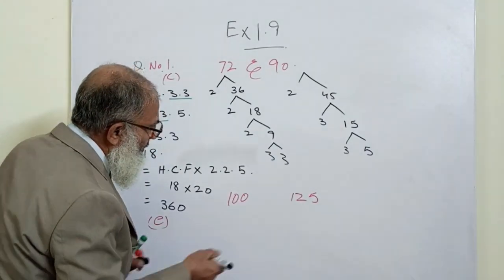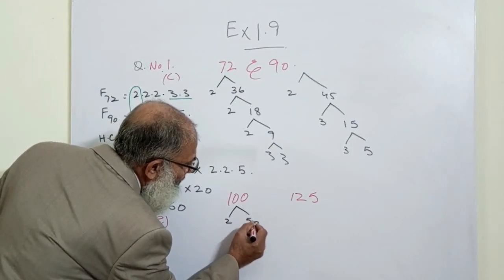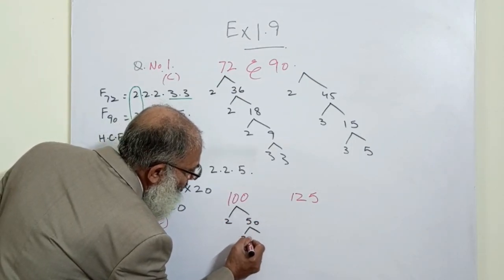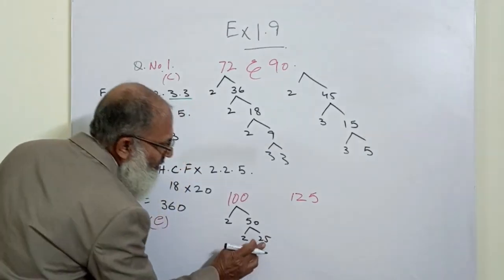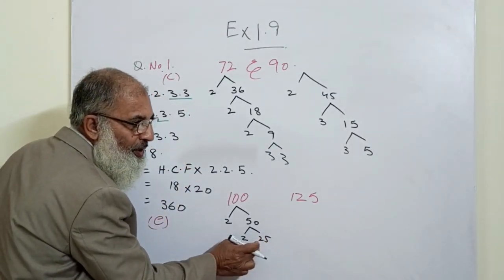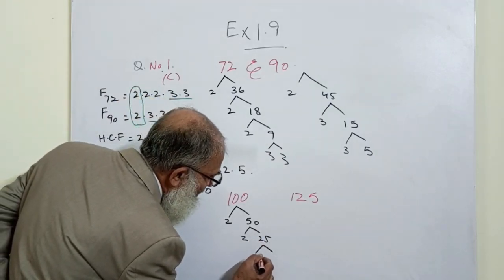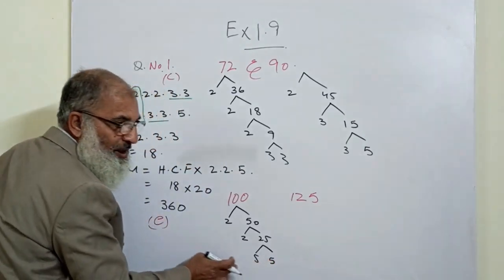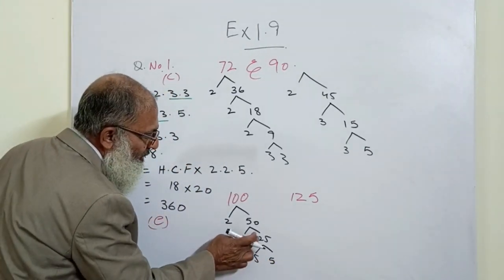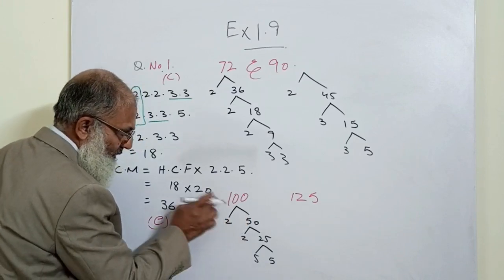I just started right from here: 2, 50, and 125. Now this is not divisible by 2, not divisible by 3. The next number is 5. 5 times 5, go and check it. 5 times 25 is 125.